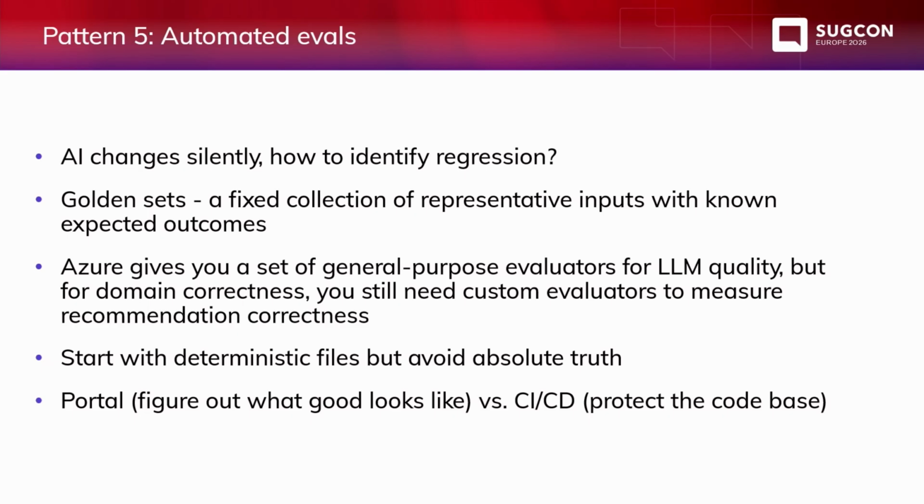You can use models to try and generate your golden sets in the first place, but if you do that, you could end up in a kind of cyclical validation loop, where you've got models telling you what your golden sets are, and then models running against the system. So you need that human in the loop part to say, yes, that's a desired outcome, or no, that's not a desired outcome, and exactly why. There's a bit of time that goes into this, but it can pay off for critical workloads.